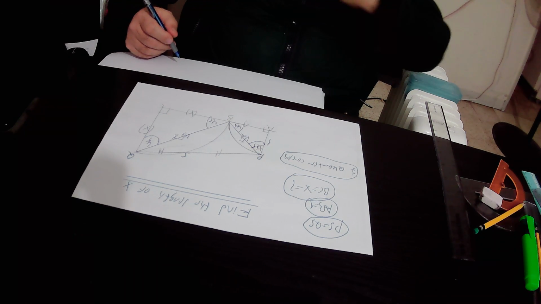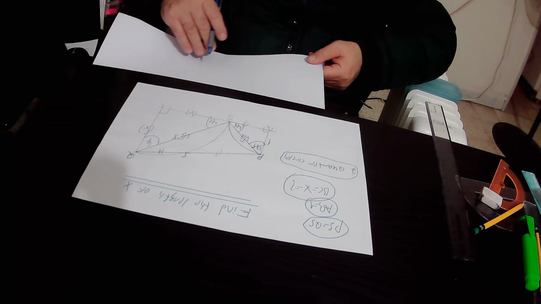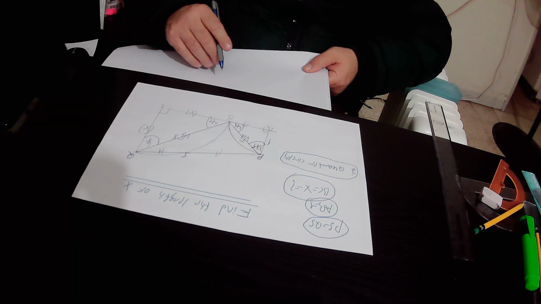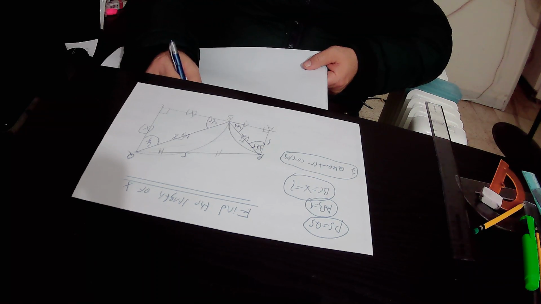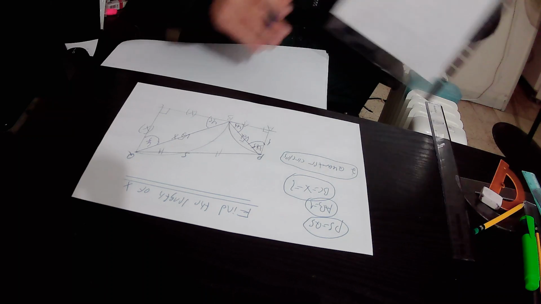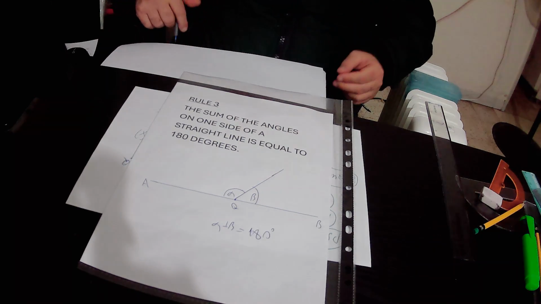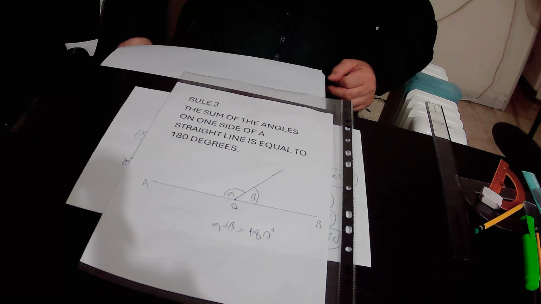In the next step, I present to you rule number 3, and we'll implement rule number 3 in our drawing. According to rule number 3, the sum of the angles on one side of a straight line is equal to 180 degrees.